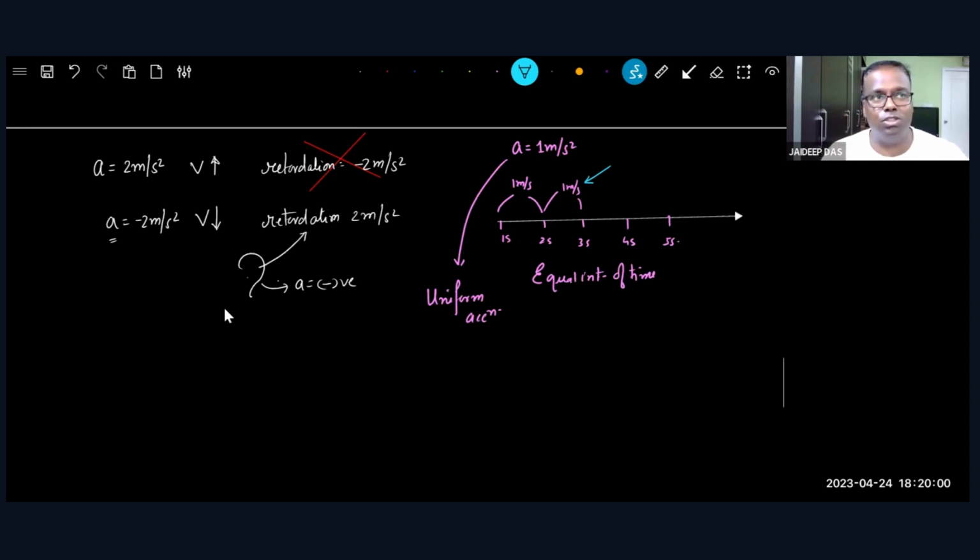A body is said to move with uniform acceleration if it travels in a straight line, first criterion, and its velocity changes by equal amounts in equal intervals of time, no matter how small the time intervals may be.